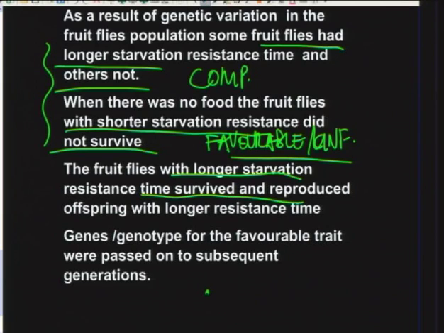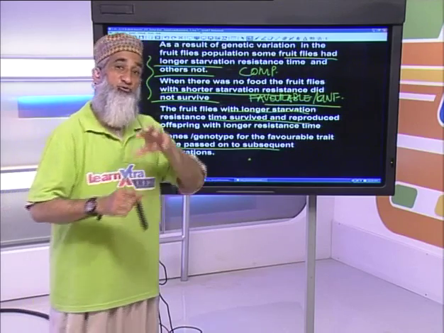Because those that were longer, they survived and reproduced offspring with longer resistance time. Now what has happened? Genes or the genotype for the favorable trait were passed on because they could reproduce. If they survived, they could reproduce. And if they reproduced, then the favorable genes that they had, they passed on to the offspring.